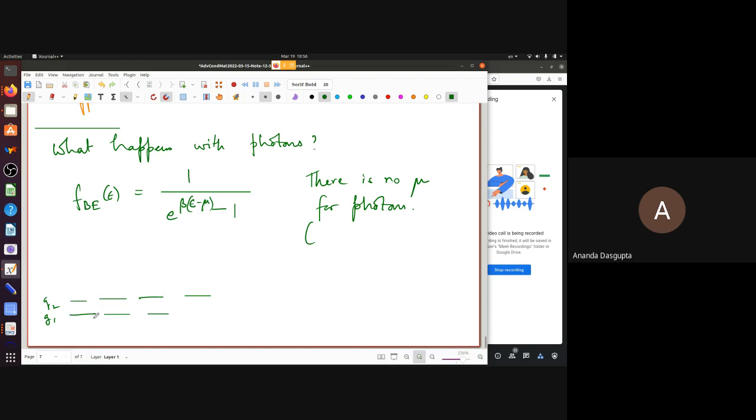So for one energy level with energy epsilon 1, there are actually g1 states, then for epsilon 2, there are g2 states, and so on. And then you say, okay, I'm going to put in N1 bosons here, N2 bosons here, and so on, and find out the number of ways in which you can do the distribution.